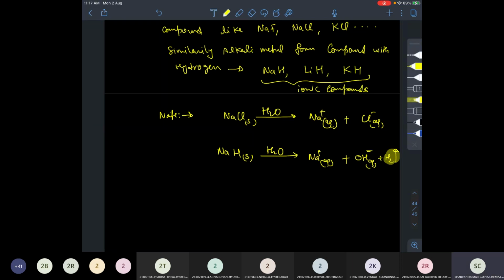So how are we getting this? You can write a hint over here that this H minus is taking the partial positive hydrogen out. It is making H2 from here like this.